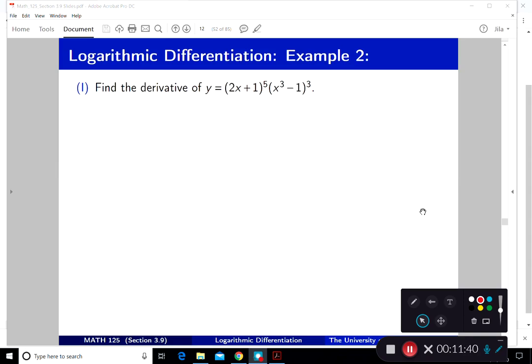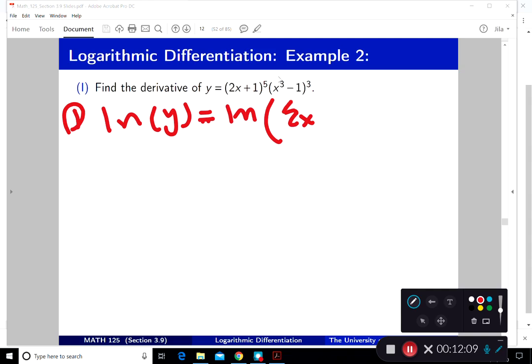So if I follow the same basic process, the first step is to take the natural log of both sides. So I'm going to get natural log of y is equal to natural log of 2x plus 1 to the power 5.